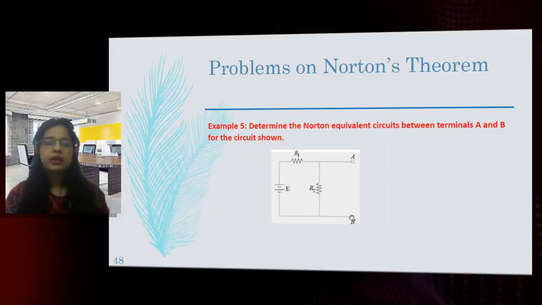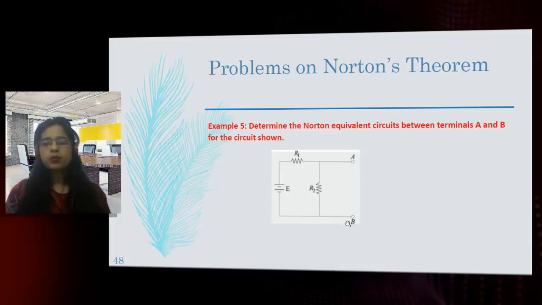Now what will happen after shorting this? When we short this, the circuit is complete, so current will flow in this branch also. In the present circuit there is no current flowing here because it is open circuited, so only current will flow here. But once it is short circuited, current will flow in this branch also.